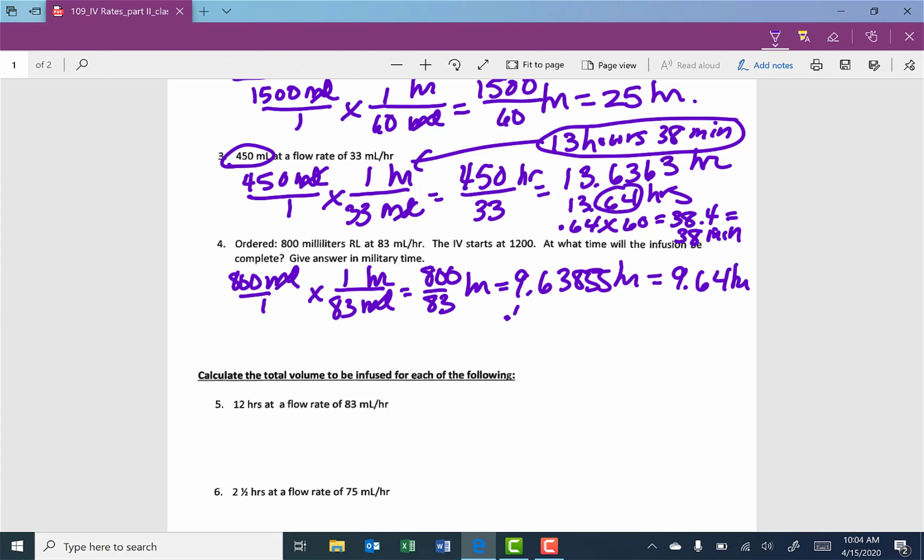So if we take our 0.64 times 60, we should get 38.4.